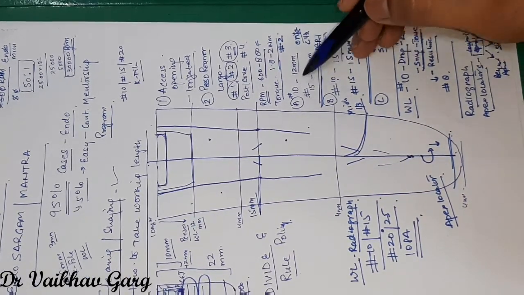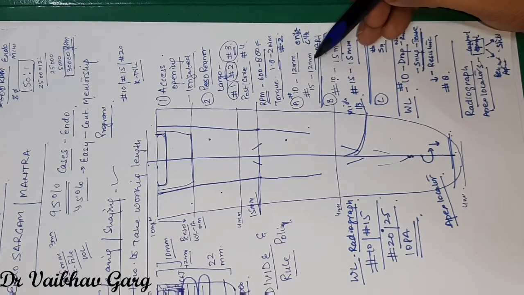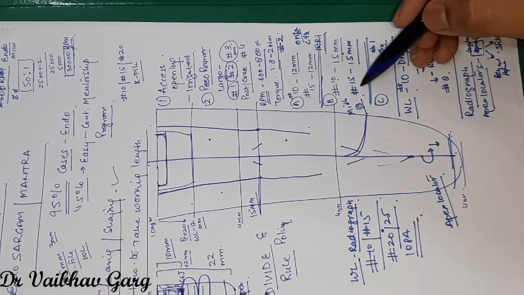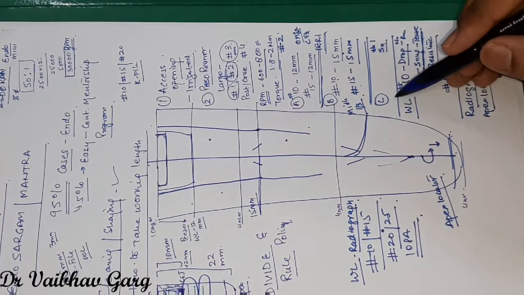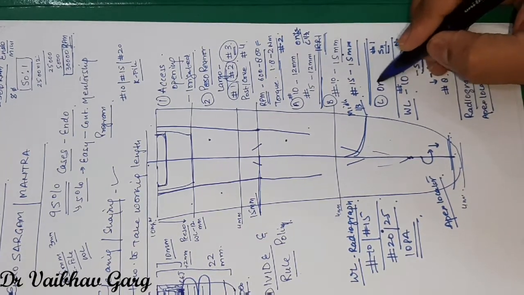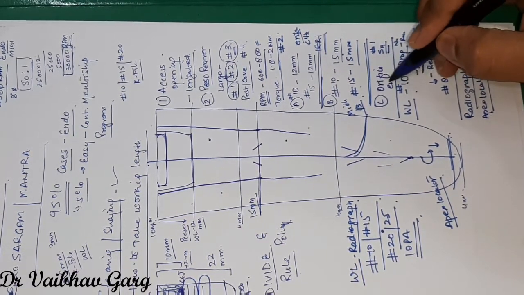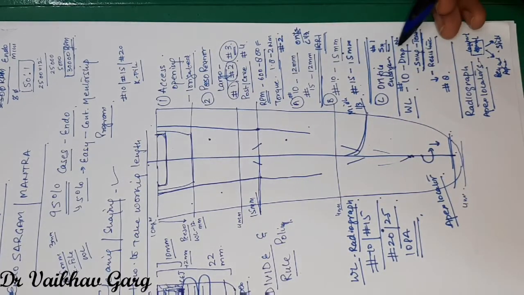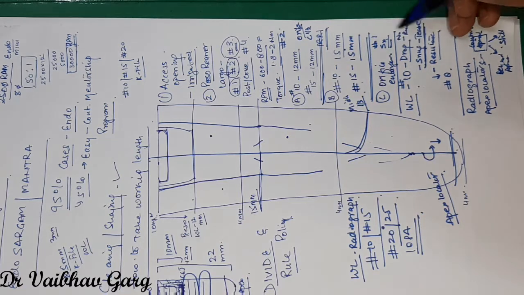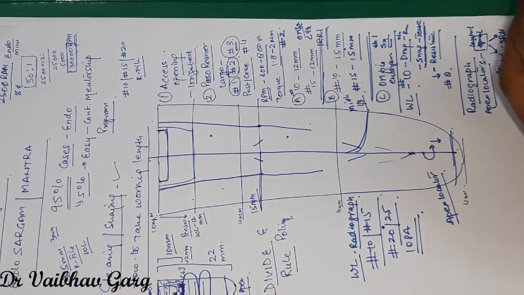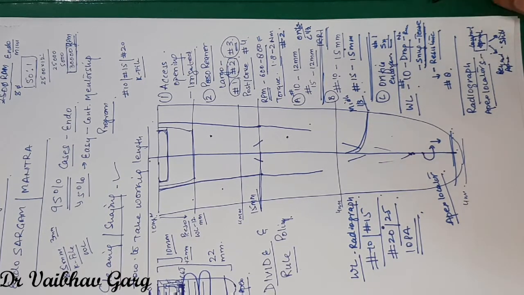Then your 10 number file 12 mm, 15 number file 12 mm, followed by 10 number file 15 mm, 15 number file 15 mm, and then an SX file or orifice enlarger. This will give a lot of confidence in your case, and if you have removed the dentinal triangles from the orifice part, your entire case will become more predictable.